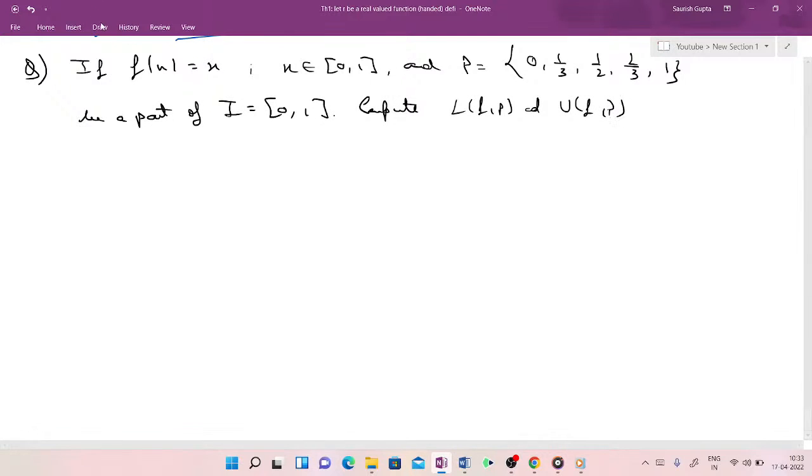A very basic problem. Let's see. What are the sub intervals possible due to this partition?